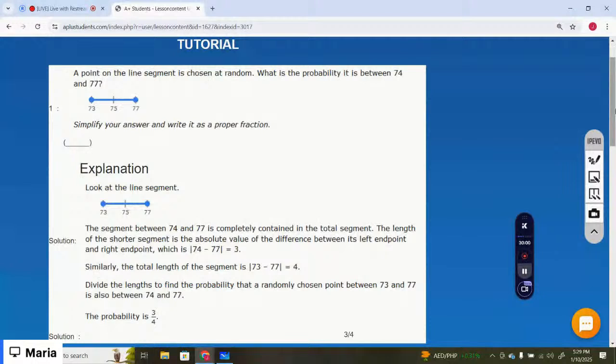The total length of the segment is 4, so the probability is 3 out of 4. Let's just start with the test questions.